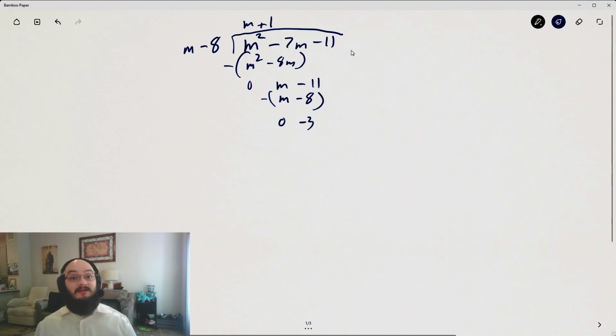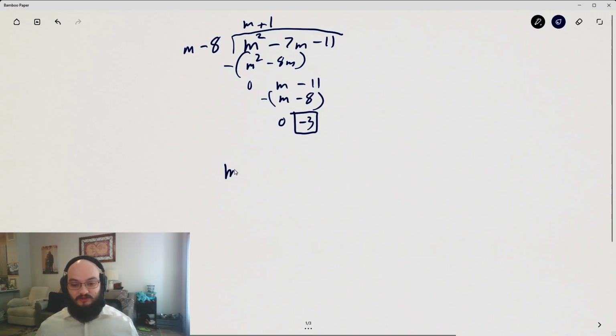We don't have anything else over here that we can drop down. So what we're going to do is take this remaining piece here, and make it the numerator of a fraction with this binomial as the denominator.